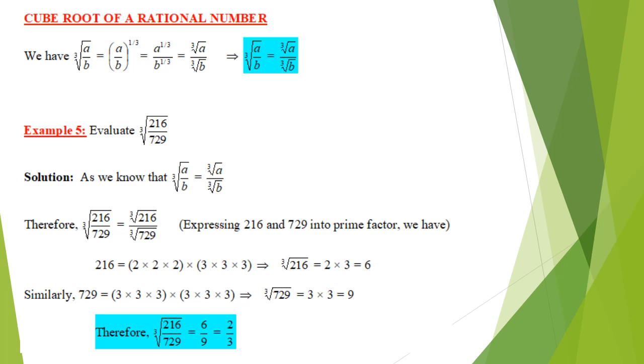And when you find out the cube root, it will be 2 into 3, 6. Similarly, 729 is written as a product of its prime factors. And when you find out its cube root, it will be 1 prime from each triplet. So it will be 3 into 3, 9. Therefore, cube root of 216 by 729 will be 6 divided by 9. And when you convert the answer into lowest terms, it will come out to be 2 by 3.